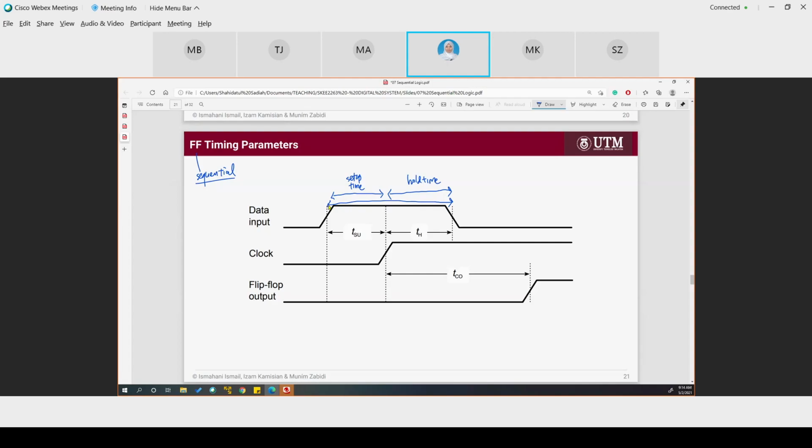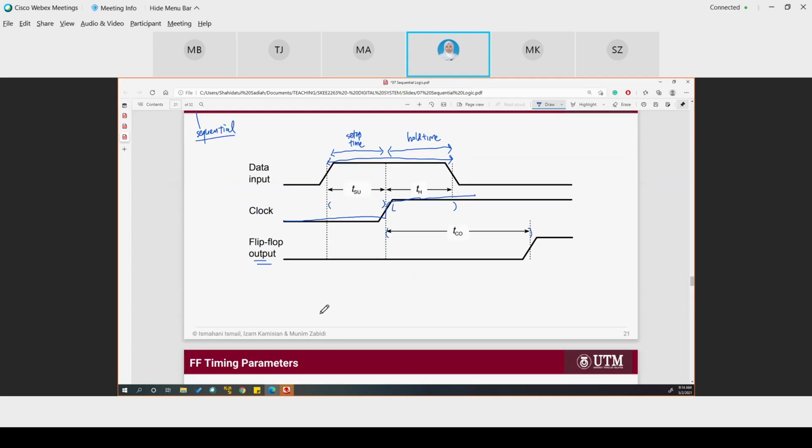So this is the clock here. The clock arrival here, right? Sometimes before the clock and sometimes after the clock. The sometime before the clock is called the setup time, and the sometime after the clock is called the hold time. And then during the clock arrival until some time is when we take the output. Right? It's the time where we can take the correct output.